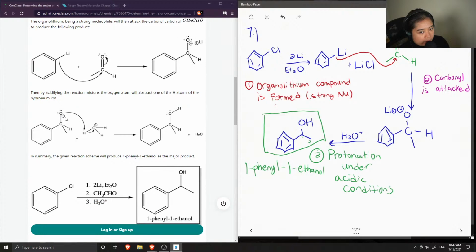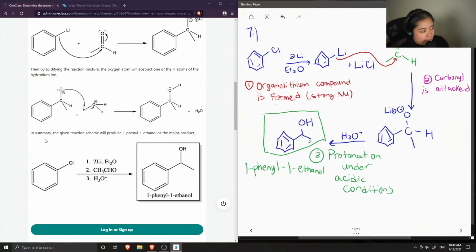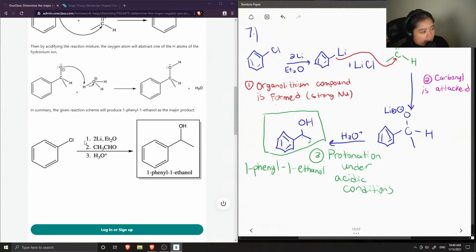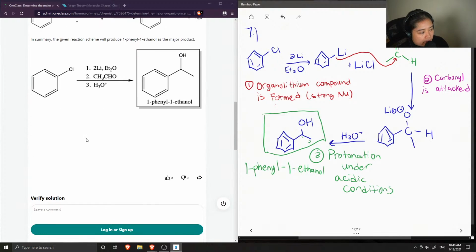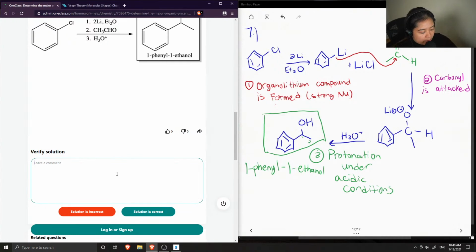Okay, so they showed how this will attack one of the protons, making water and our final product. In summary, the given reaction scheme will produce 1-phenylethanol as the major product. Okay, so this solution is correct.